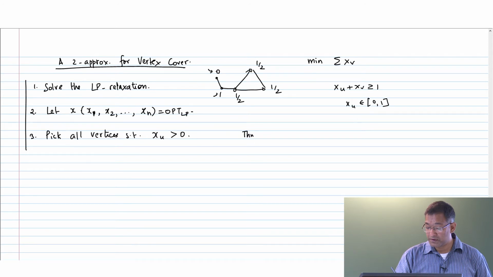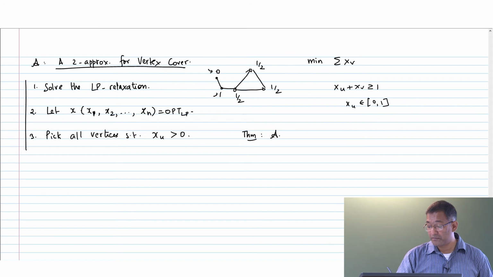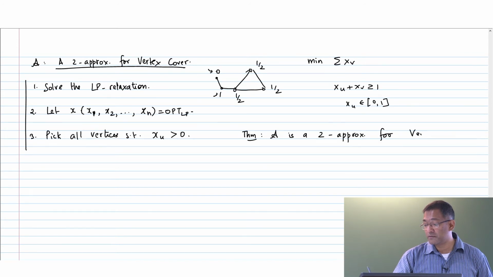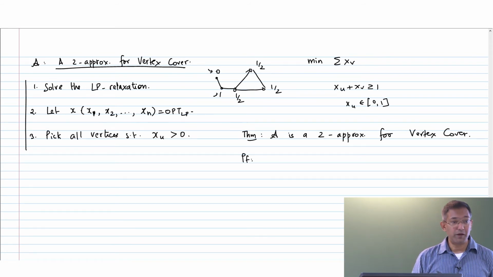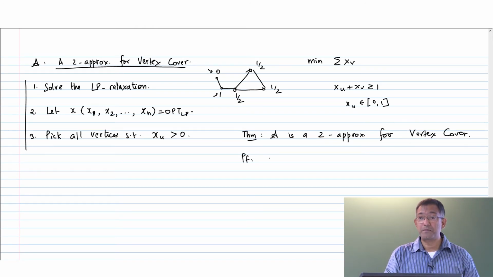So let's give this a name. This is the algorithm A. A is a 2 approximation for vertex cover. We want to prove that the solution produced by this algorithm is not too bad, is at most 2 times the optimal solution. Okay, so how are we going to do this? It's just a simple observation.